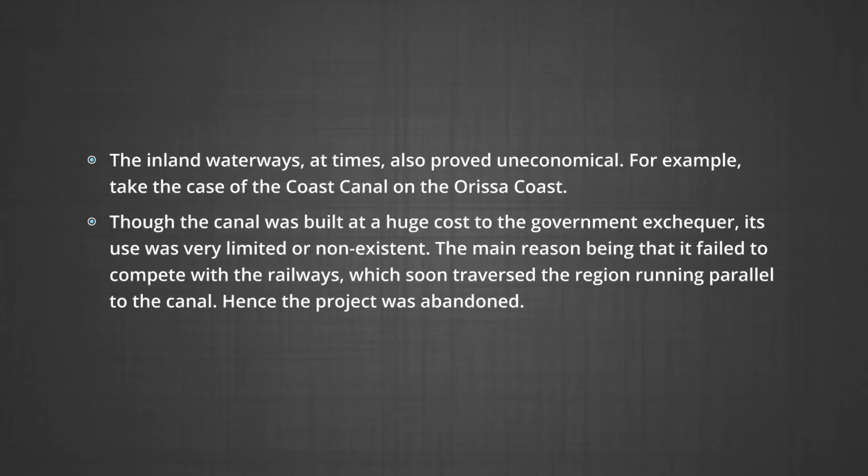Though the canal was built at a huge cost to the government exchequer, its use was very limited or non-existent. The main reason being that it failed to compete with the railways, which soon traversed the region running parallel to the canal. Hence, the project was abandoned.